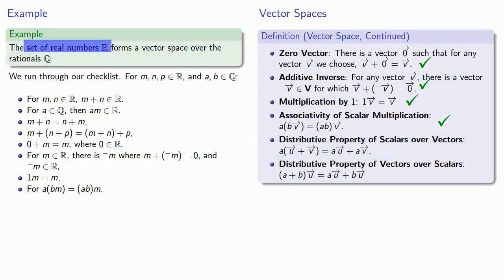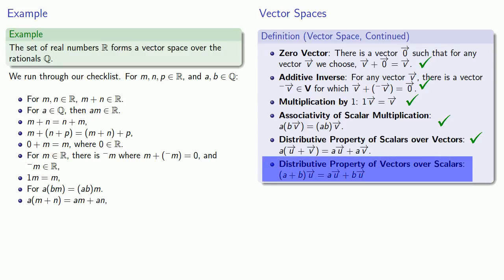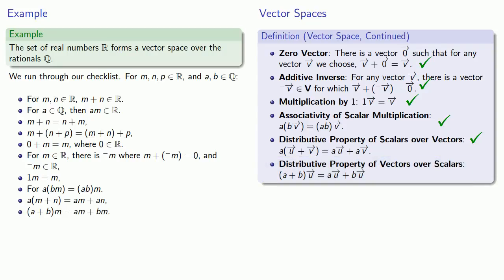And so a scalar a times the sum m plus n is in fact am plus an. So we have left distributivity, and we'll check right distributivity. If I have a plus b times m, I do actually get am plus bm.